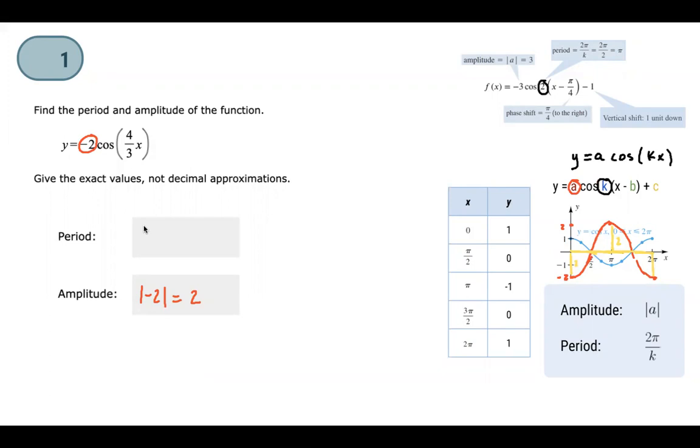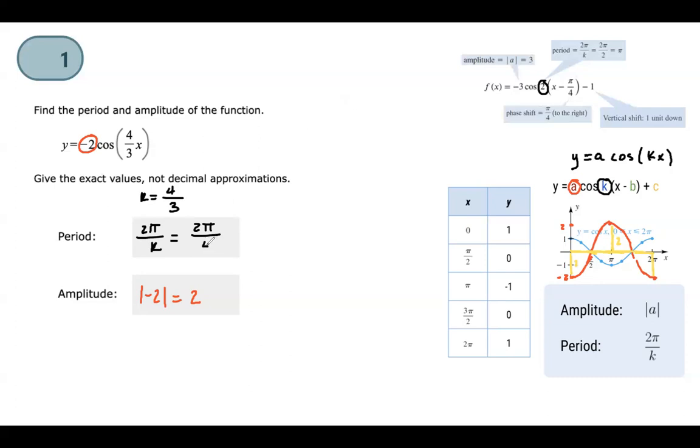Right now, the period of any cosine function originally is 2 pi, and you have to divide it by K. In this case, K is equal to 4/3.